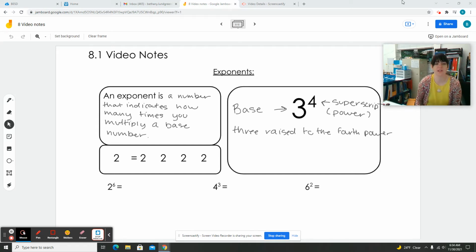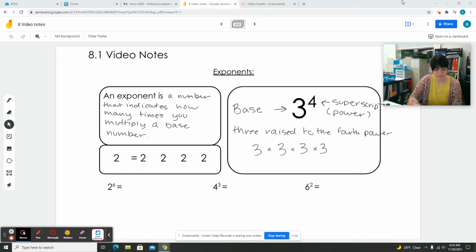If we go back to the definition, it's a number that indicates how many times you multiply a base number. So we're going to multiply this 3 4 times. And what this looks like is 3 times 3 times 3 times 3. Like that. So this is the multiplication expression version of 3 raised to the 4th power.